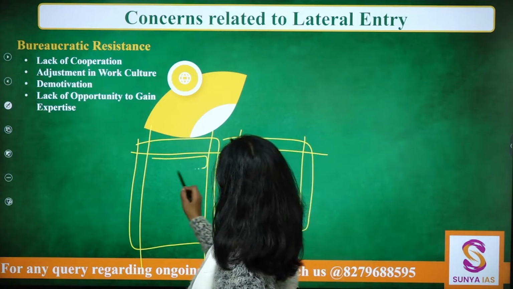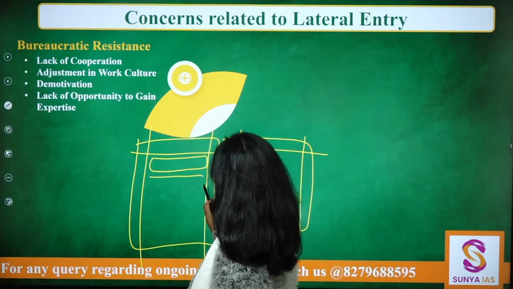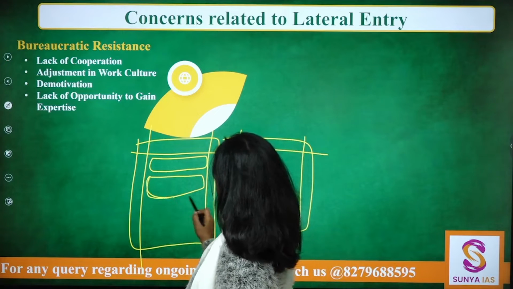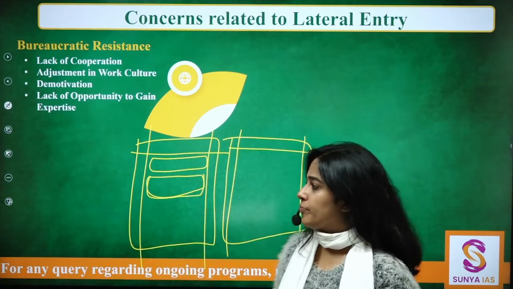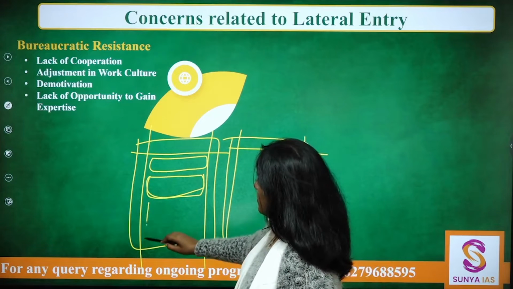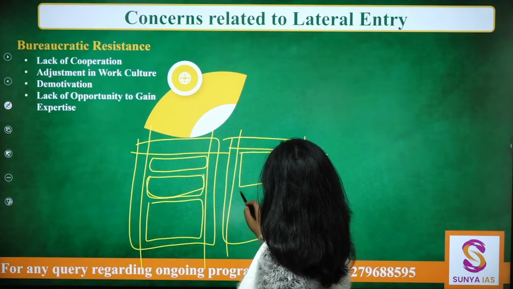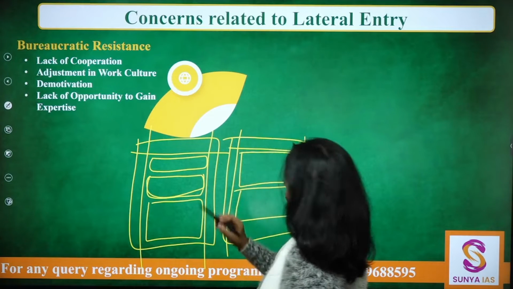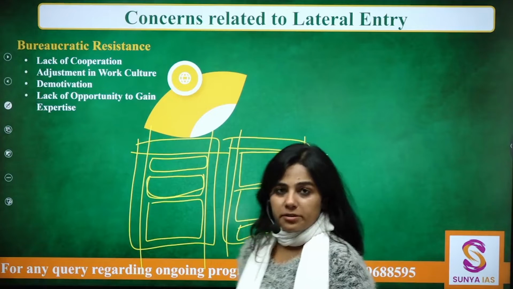On the first one, the question is written. So that means you have this much space for your intro and whatever small information you want to write. You have this much space for your benefits, this much space for your concerns, this much space for your way forward, and then a small conclusion. That is how your 10 markers are written.